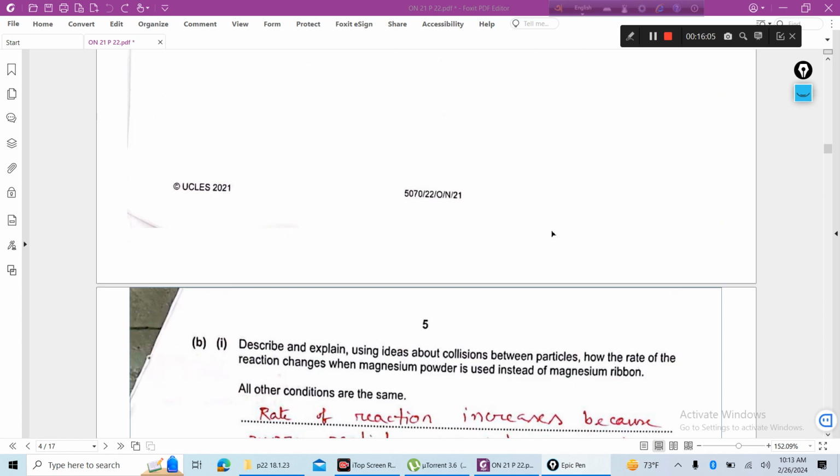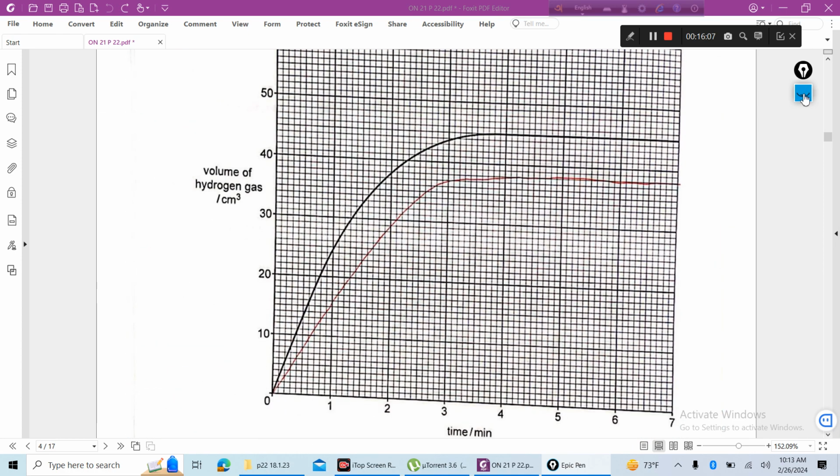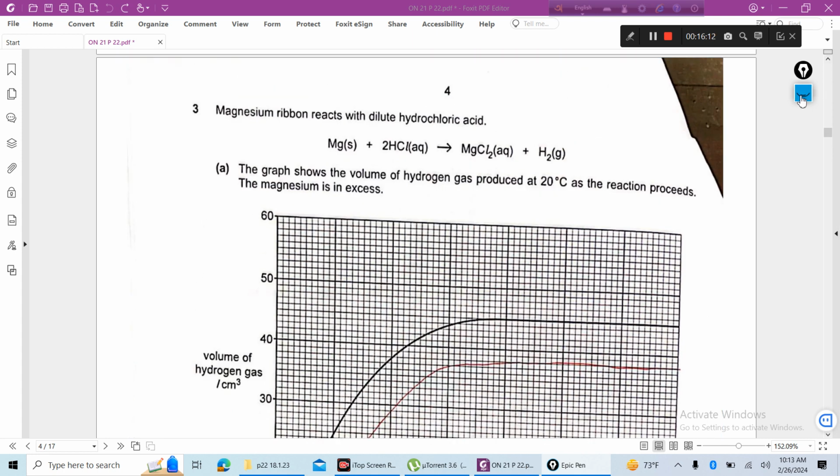So for the volume of hydrogen, the mole ratio of magnesium and hydrogen in this equation is the same: moles of magnesium is 1 mole, moles of hydrogen 1 mole.